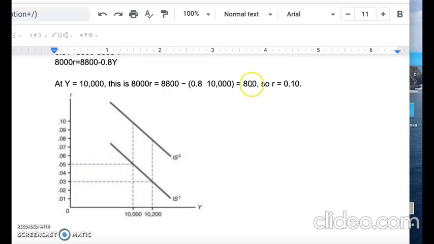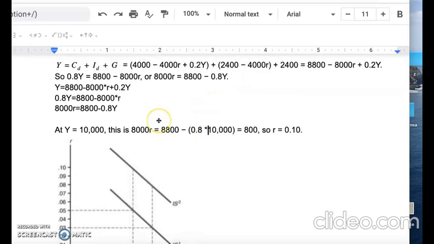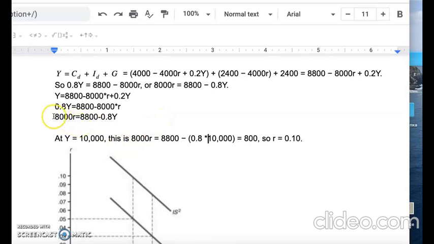10,000, and it will give us the interest rate. Here we just multiply. So we have 8,000 multiplied by r, which is equal to 8,800 minus, in the brackets, 0.8 multiplied by 10,000, which is our Y, our output.